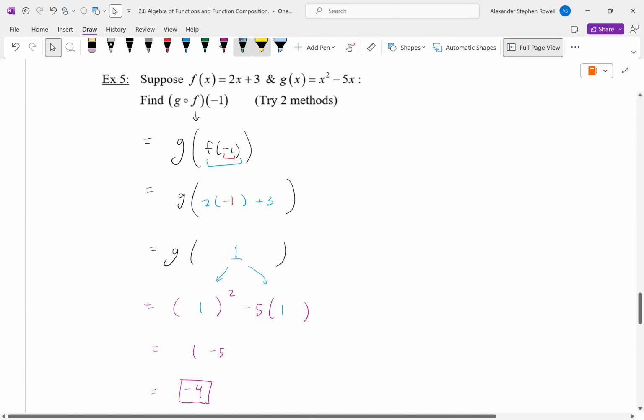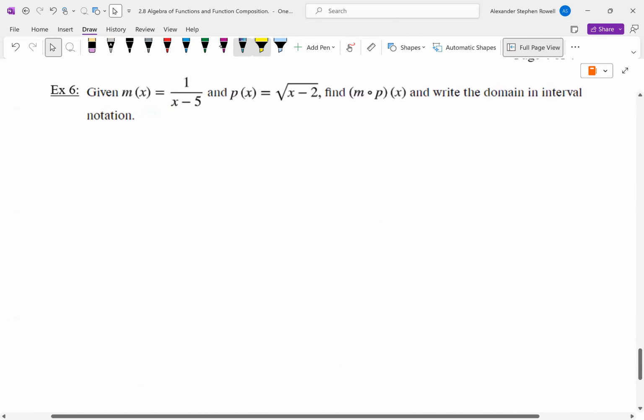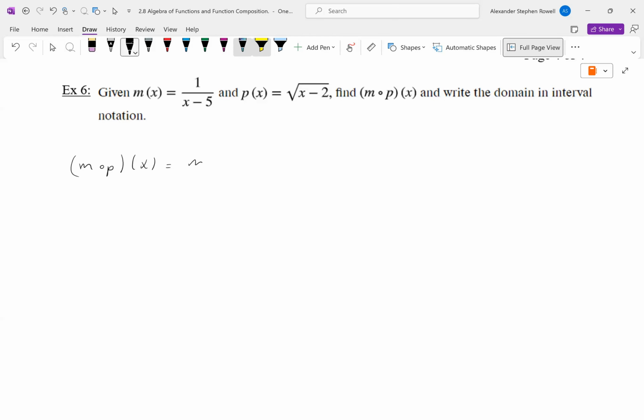Any questions so far? Did I mess up? It happens. All right, example 6. We have to worry about the domain. Given function m of x equal to 1 over x minus 5, p of x is square root of x minus 2. m composed of p of x is function m with p of x plugged inside.